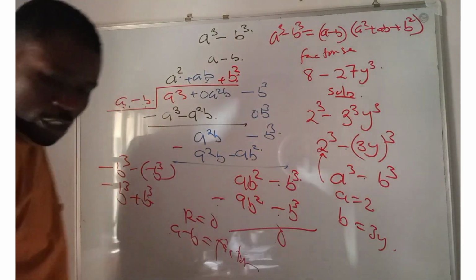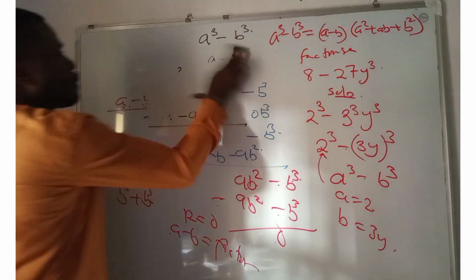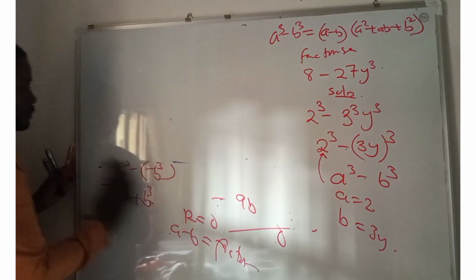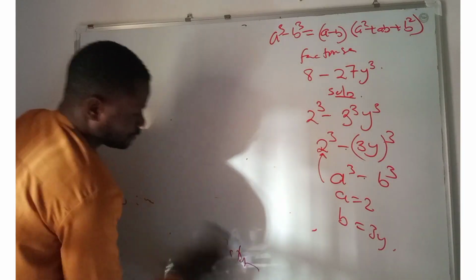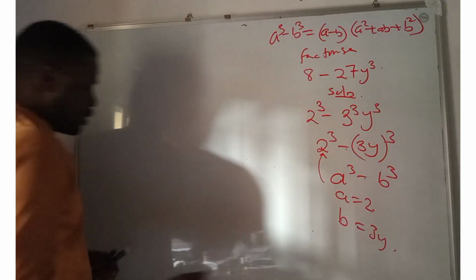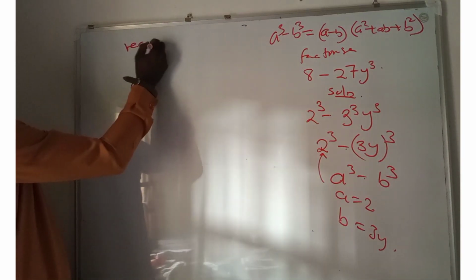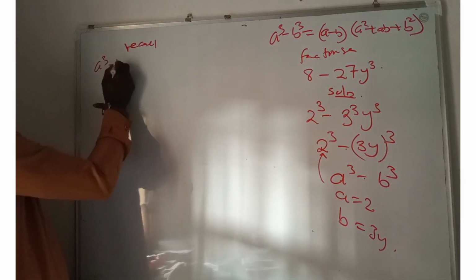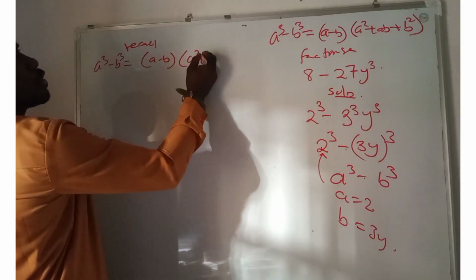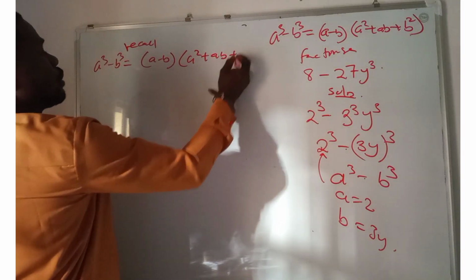Now, at this point, we can say, recall that a cube minus b cube is equal to a minus b into a squared plus ab plus b squared.